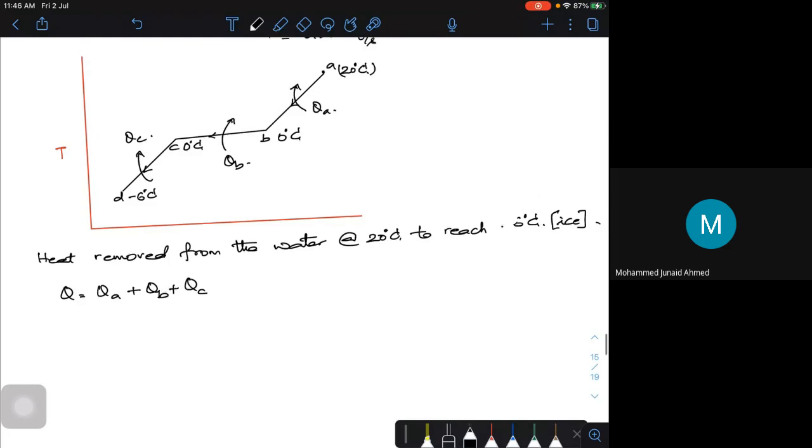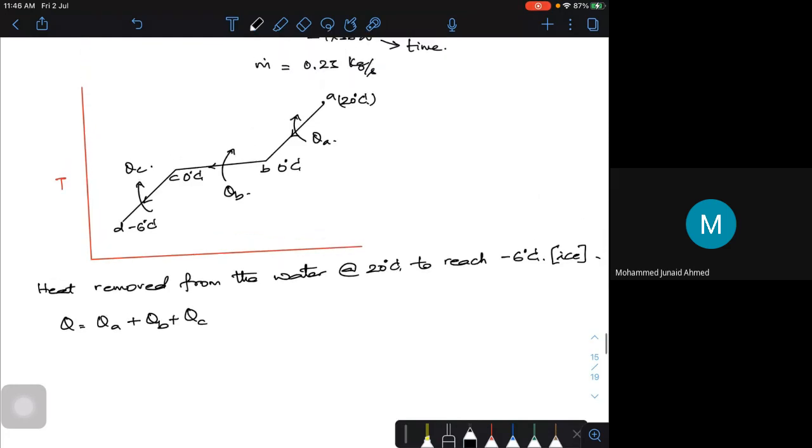QA is the heat removed from the liquid state, so Cp of water into delta T. QB is the latent heat of fusion, given in the problem statement. Then from 0 to minus 6 degrees, it is Cp of ice into delta T.